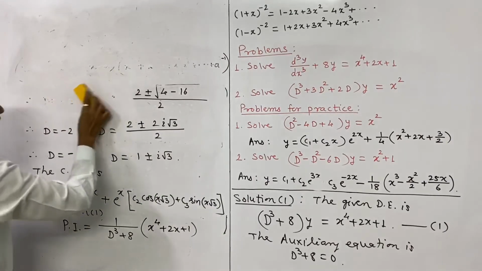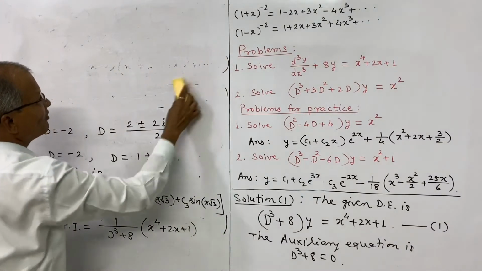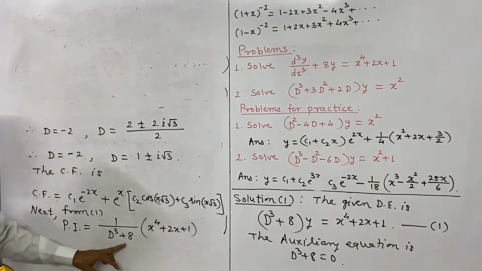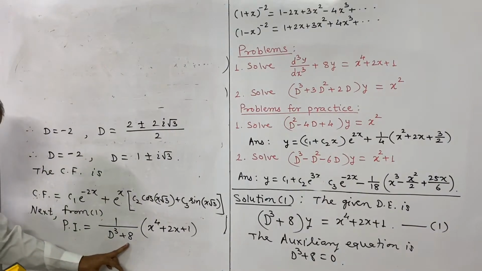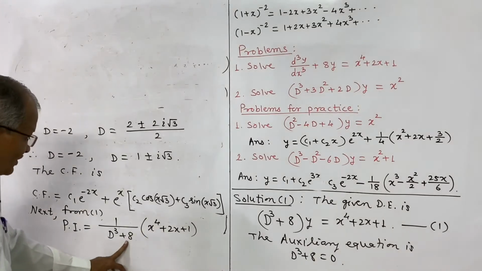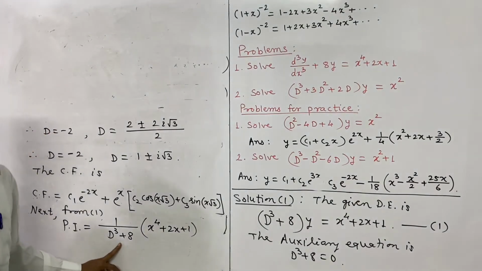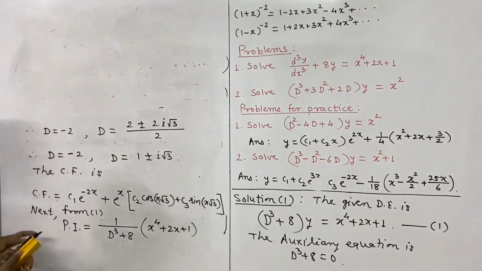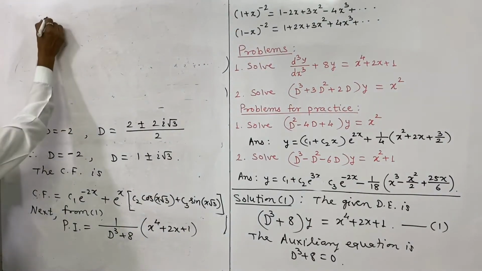We have written that the minimum power of D is to be taken common, but the minimum power of D is a constant, that is 8, D power 0. So 8 should be taken common, so that we write this term as 1 plus or minus some function, so as to use this type of formula.